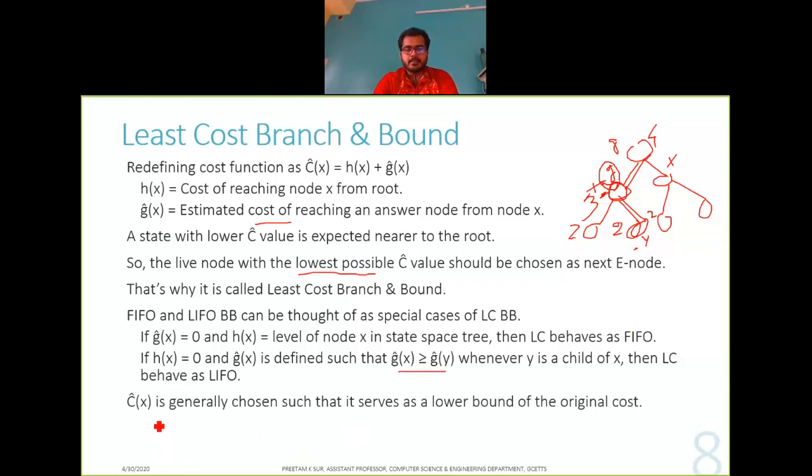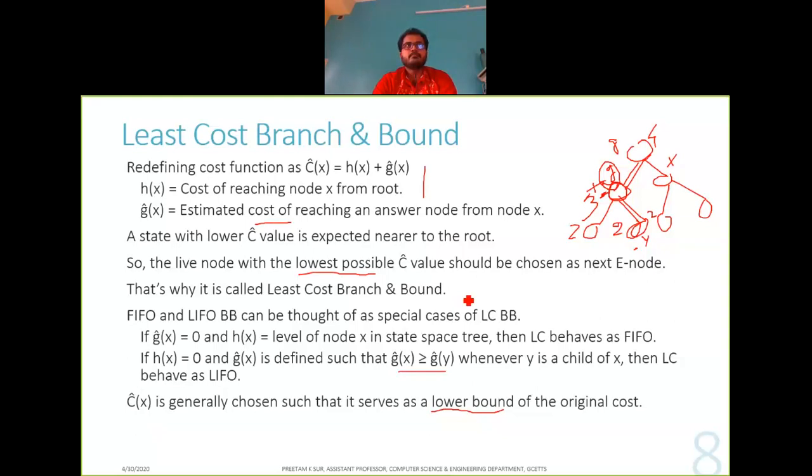Anyway, c cap x, the cost function, is generally chosen such that it serves as a lower bound of the original cost. So the estimated cost function that we are deriving here gives us a lower bound on the original cost function.